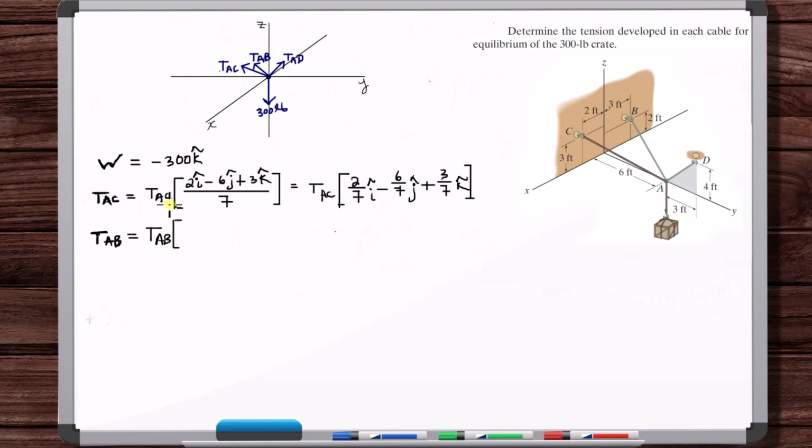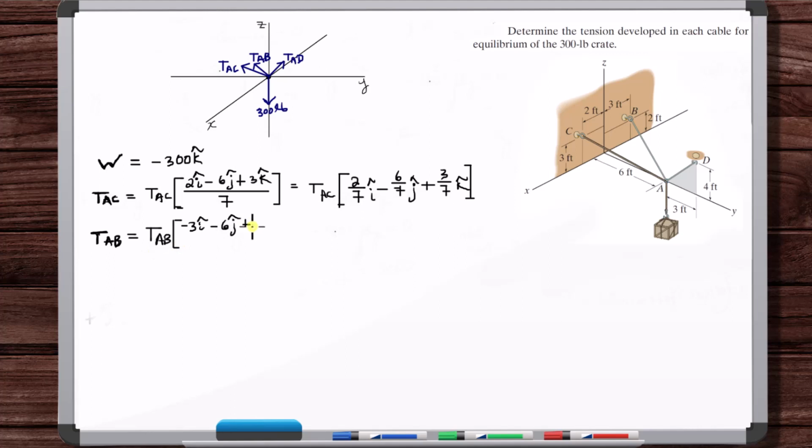So that is minus 3I minus 6J. Again, our origin is here. We moved our origin on our free body diagram to this point.